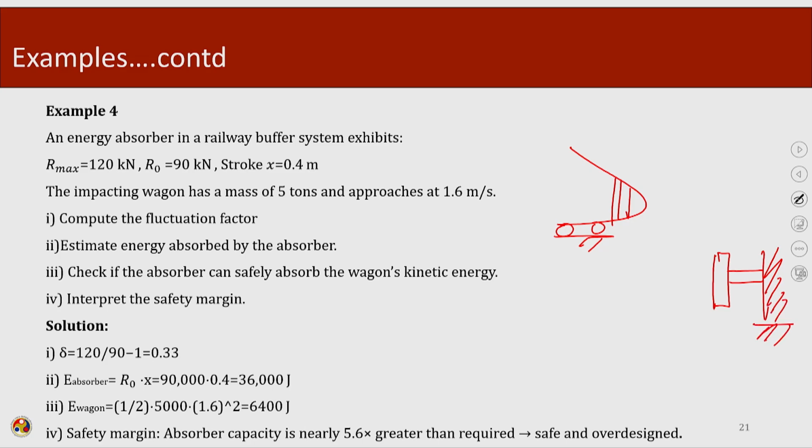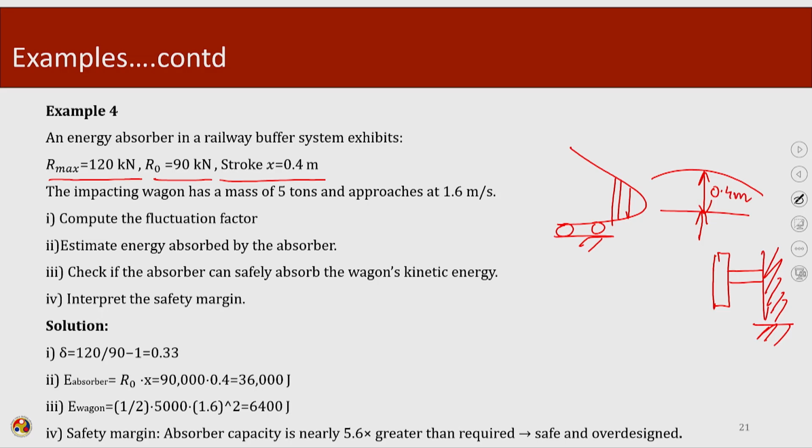The characteristics of this energy absorber are as such: the maximum reaction force is 120 kilonewton, the average reaction force is 90 kilonewton, and the stroke is 0.4 meters. It means that the displacement from the point of impact is 0.4 meter.